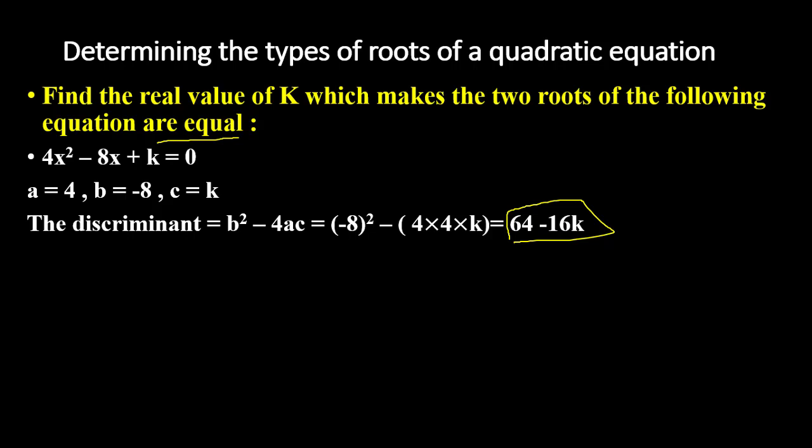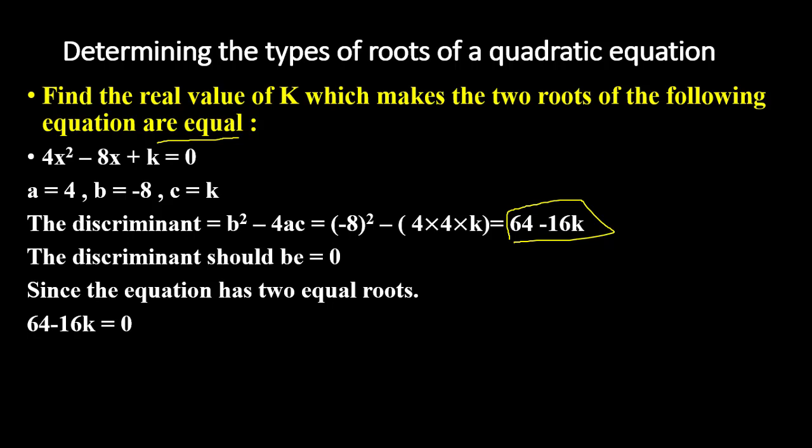Okay, so the two roots are equal. It means 64 minus 16k equals 0. I'll solve this equation. So the discriminant should be 0. When you solve this equation, you will get that k equals 4. 16k equals 64, so k equals 4.